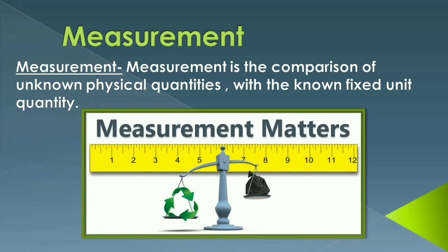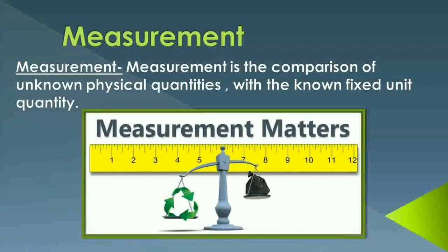So for the measurement of a physical quantity, we consider a constant quantity as a standard and then find the number which expresses how many times the standard quantity is contained in the physical quantity. So measurement is the comparison of the unknown physical quantity with the known fixed unit quantity.